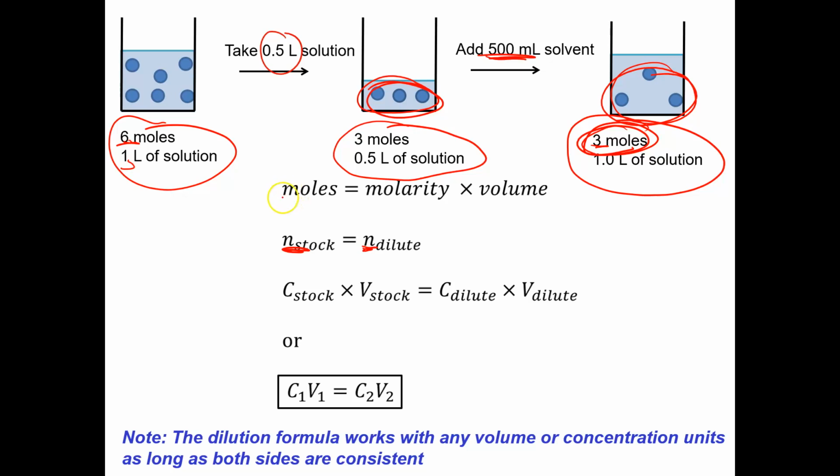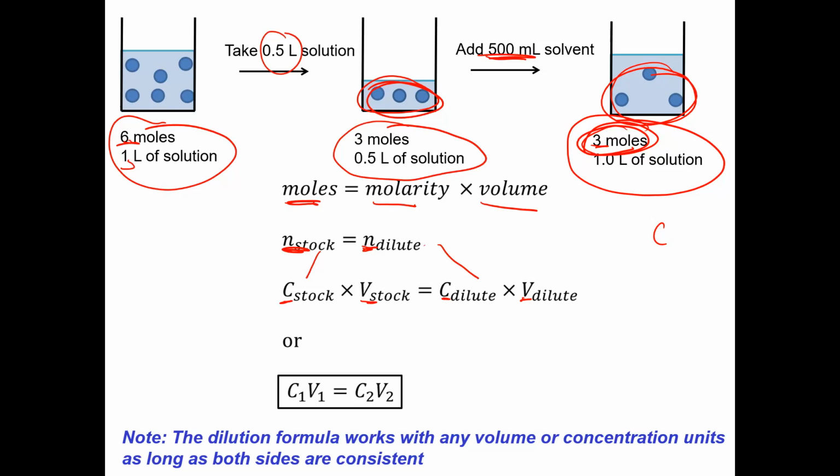And we know that moles is given by molarity times volume. So the number of moles taken from the stock is going to be the molarity times the volume of the stock. Notice here I've used C to indicate concentration. And then the number of moles that ends up in the dilute is going to be the concentration of the dilute times the volume of the dilute.